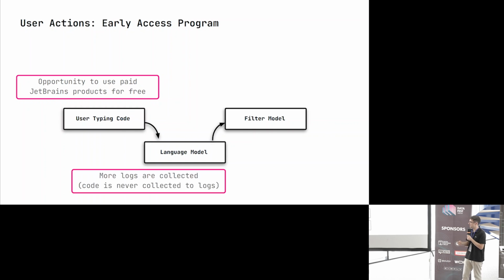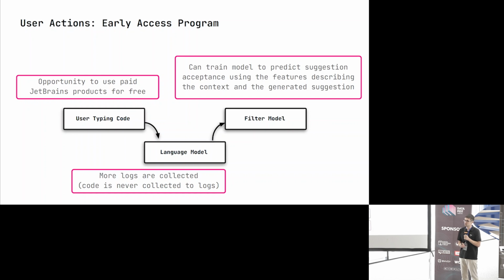The early access program is an opportunity for users to use JetBrains products for free. And by doing so, users explicitly agree that more logs will be collected. Although note that code is never collected to the logs, but we do not need code. We need those anonymized features that I described and anonymized actions, targets like accept the suggestion, hide the suggestion, etc. And by using all this, we can train a model to predict the probability of accepting the suggestion given the context and the generated suggestion.